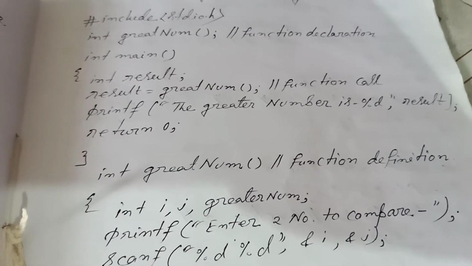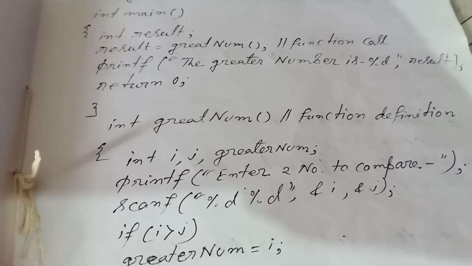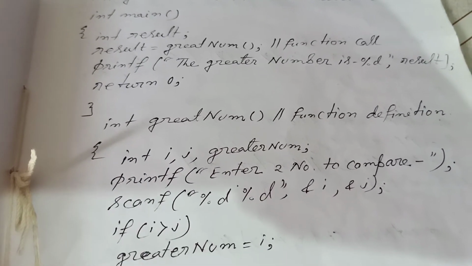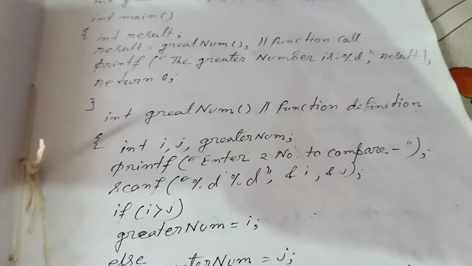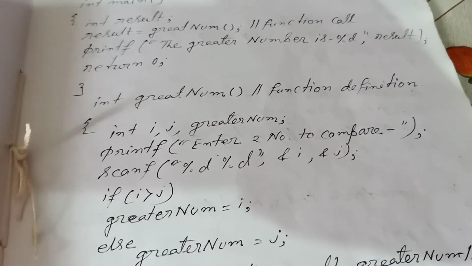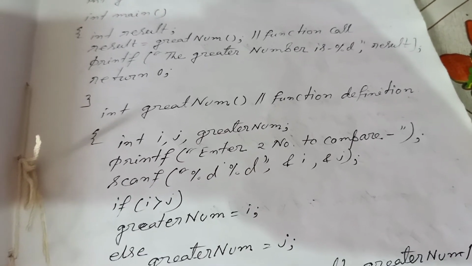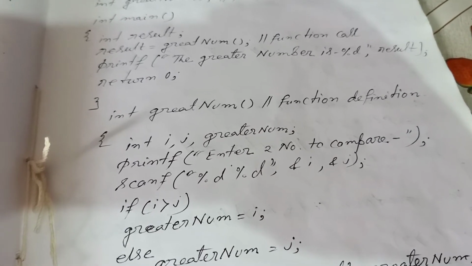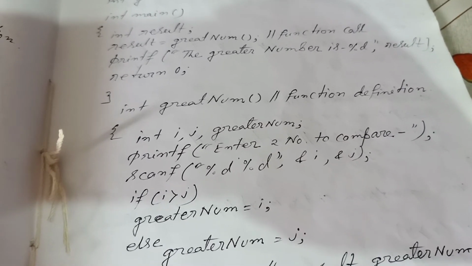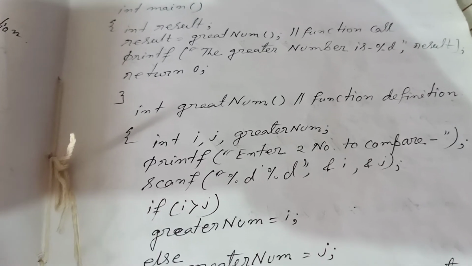In the definition of the user-defined function int greatNum, we declare int i and j, and greater num is a variable. Printf enter two numbers to compare, and by using scanf we are taking the inputs. Now compare both numbers.